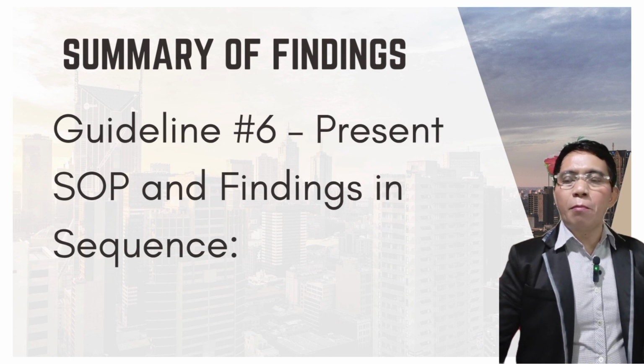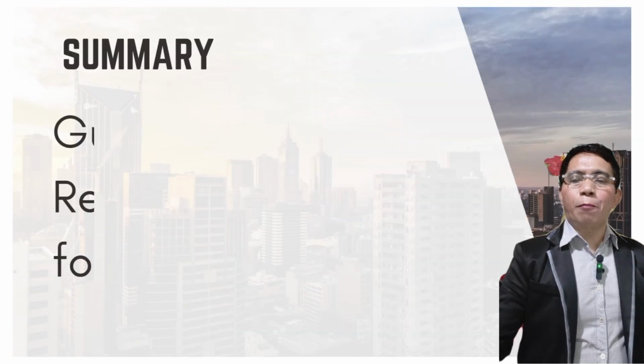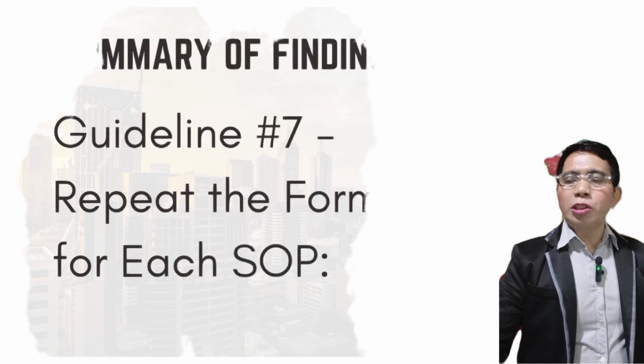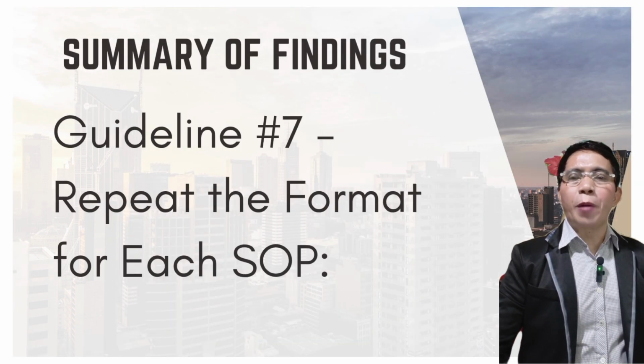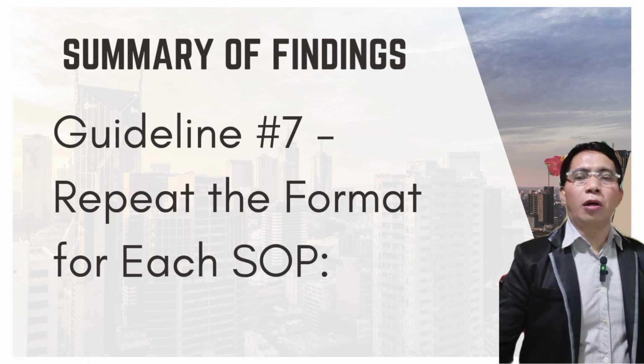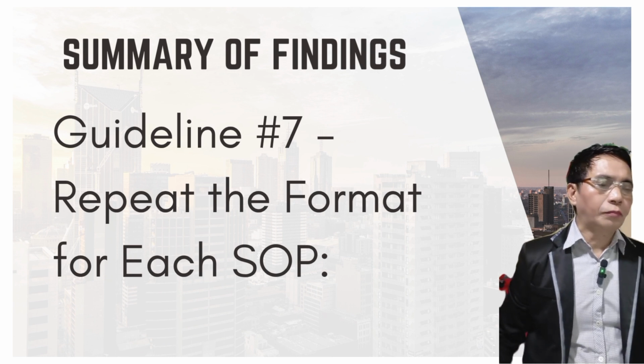For guideline number 7, repeat the format for each SOP. Continue this structure for each remaining SOP. Use actual values from Chapter 4 to support your findings. However, remember that numerical data should only appear in the summary of findings and should not be repeated in the conclusion section.